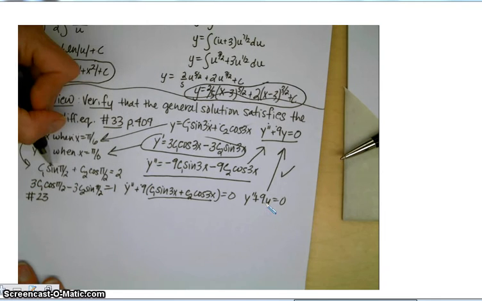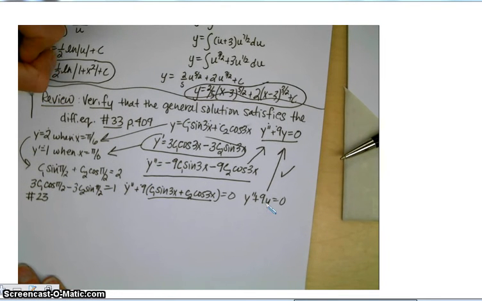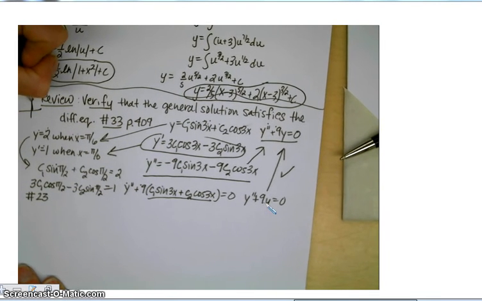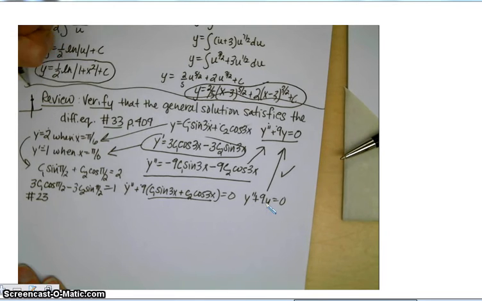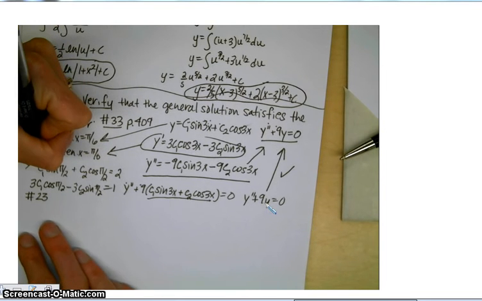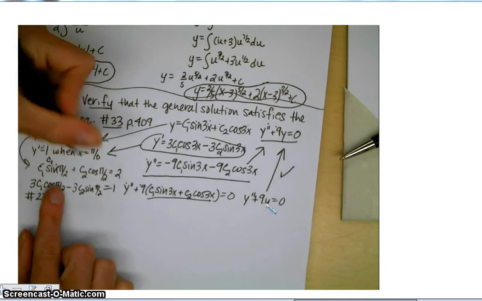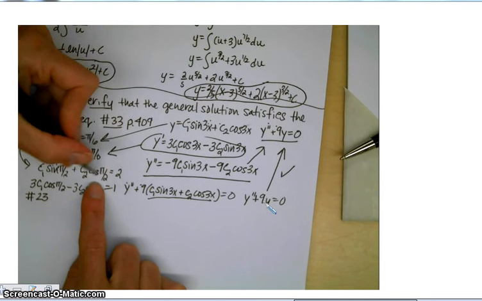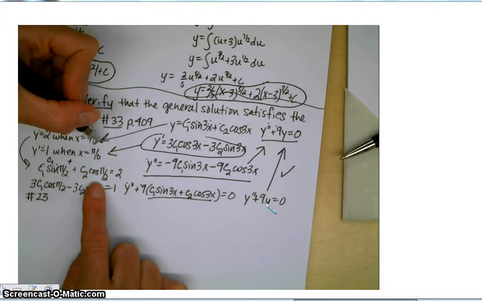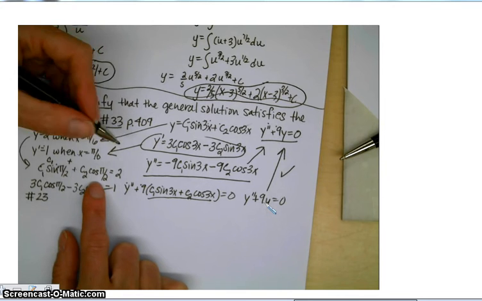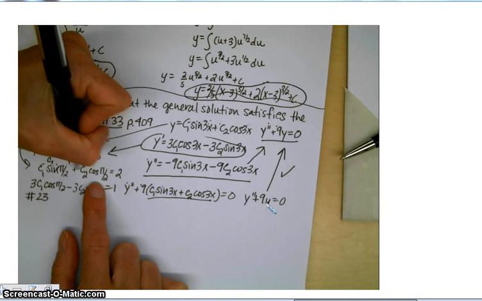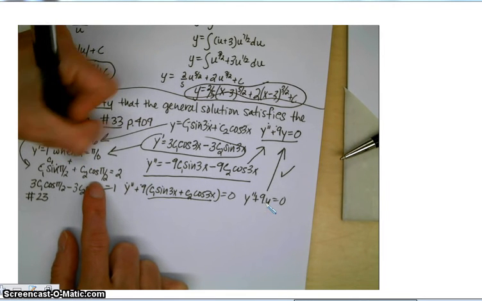So let's see, cosine of pi over 2 is 0, sine of pi over 2 is 1, so that'll be 1 times c1, or just c1, plus cosine of pi over 2 is 0, so that'll be 0, so I'll have that c1 equals 2.